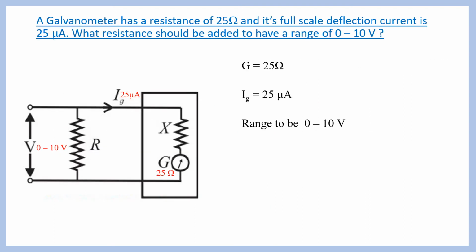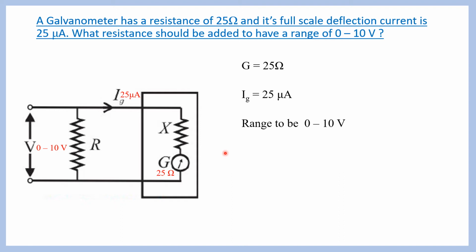Now we will proceed towards a problem based on what we have understood. The question you can read here: a galvanometer has a resistance of 25 ohms and its full scale deflection current is 25 microamperes. That means Ig is 25 microamperes. And what resistance should be added to have a range of 0 to 10 volt?